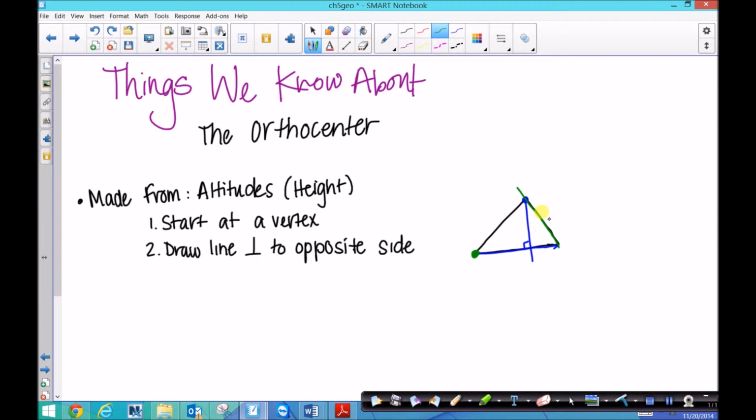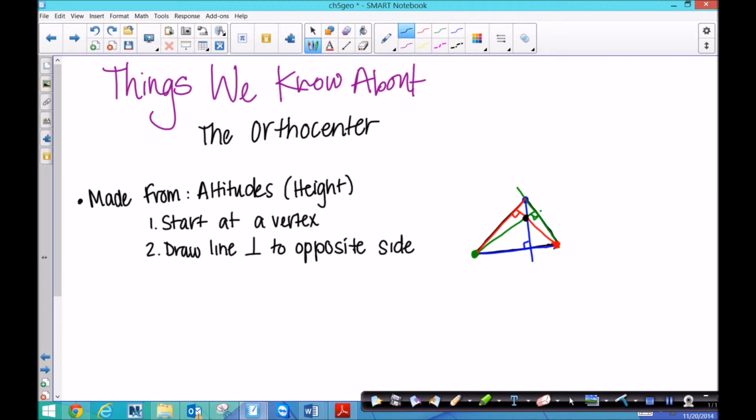You need to draw a line that's perpendicular to the green side from this green point. And that might happen somewhere like this. You could finish this off by doing the same thing with the last point and going to the opposite side. You would go perpendicular in that same way so that your orthocenter would be where all of those altitudes intersect.